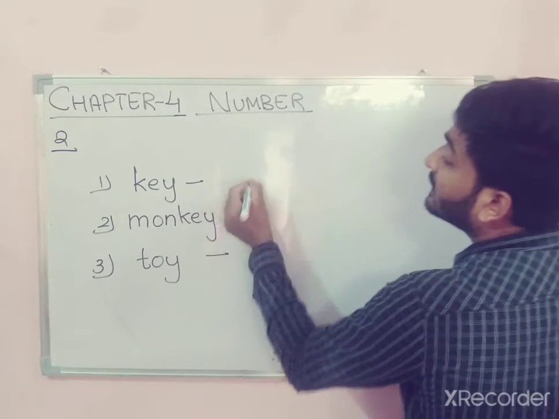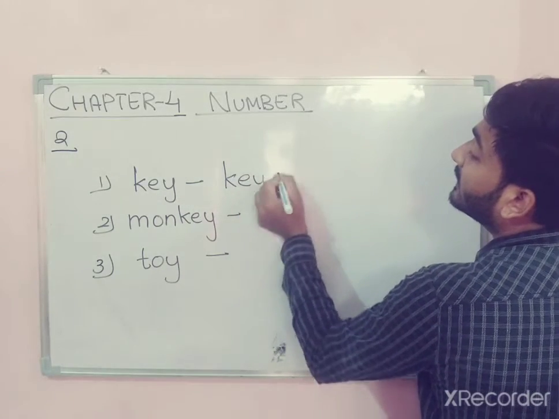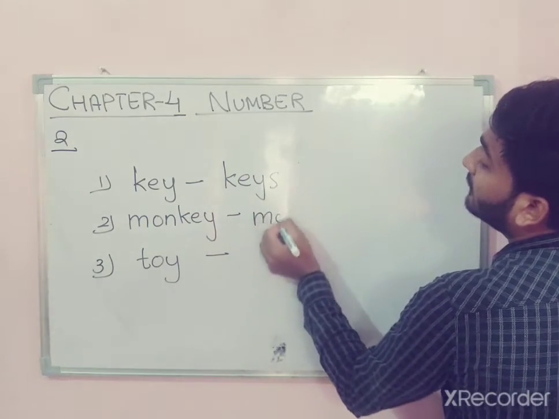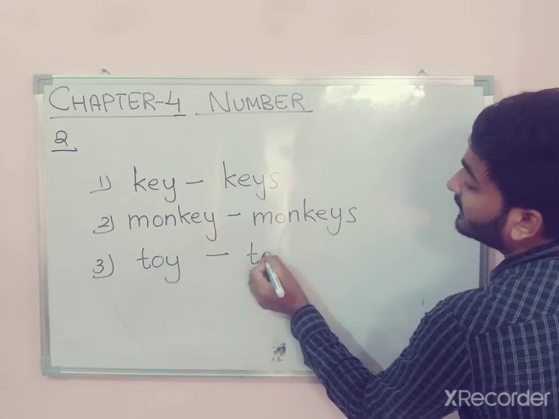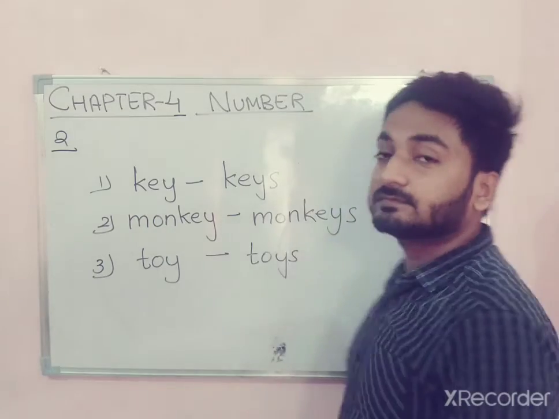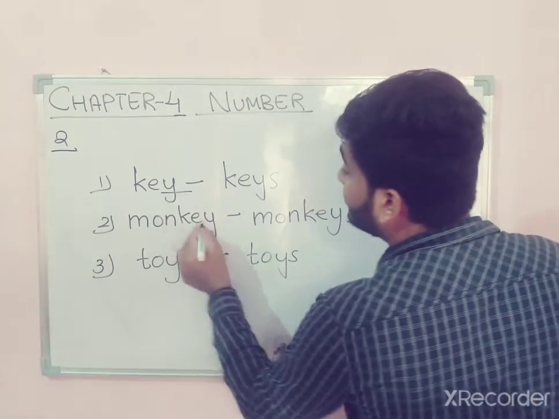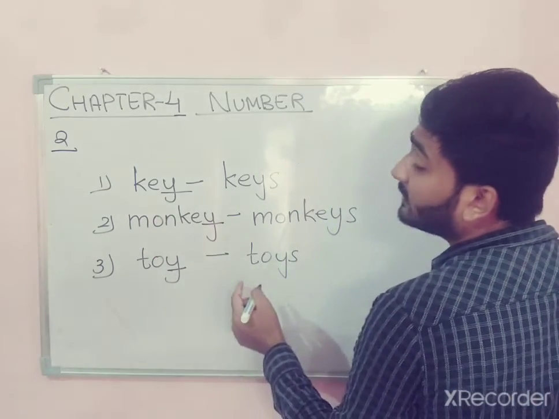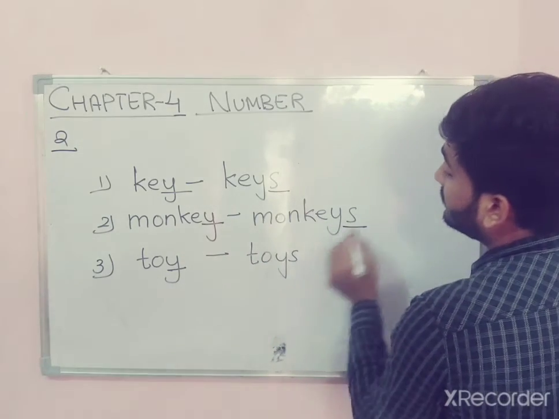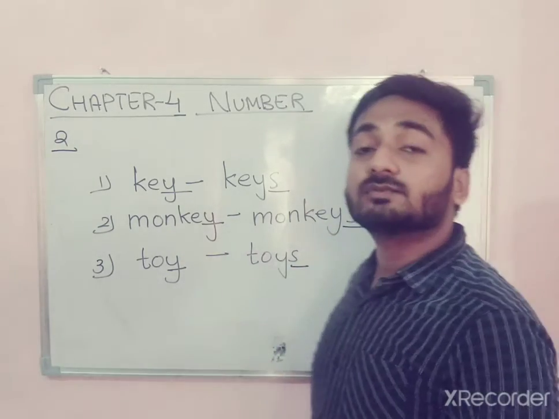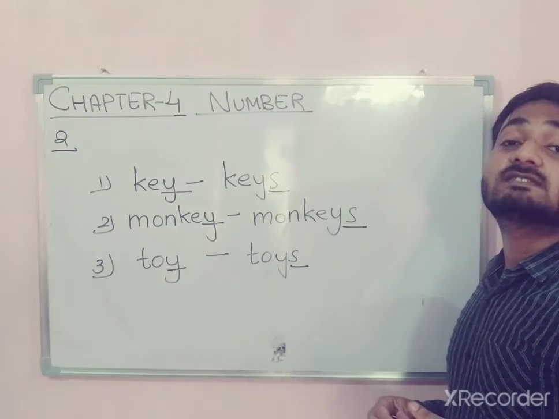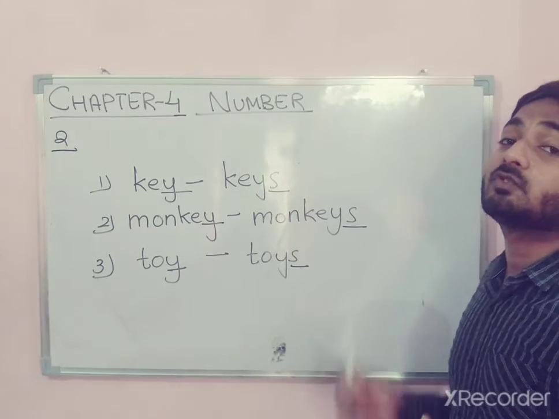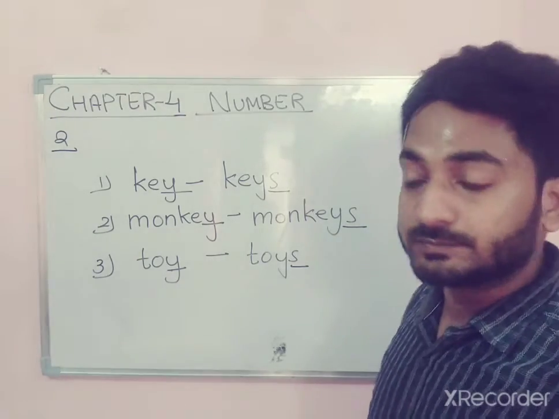Now see, key becomes keys, monkey becomes monkeys, and toy becomes toys. Now see, there we have y in the end, but we are not changing y into ies. We are simply adding s to them. So this is the exception of this rule number 2.